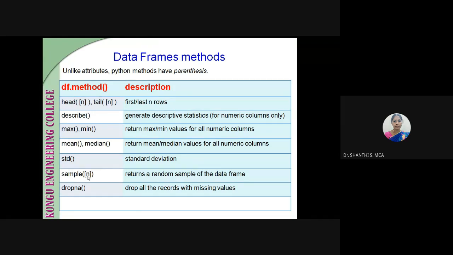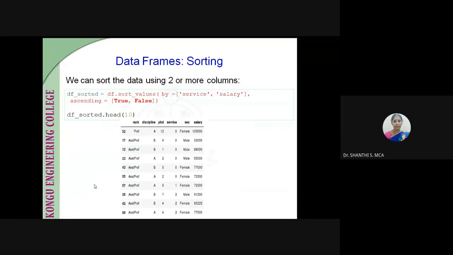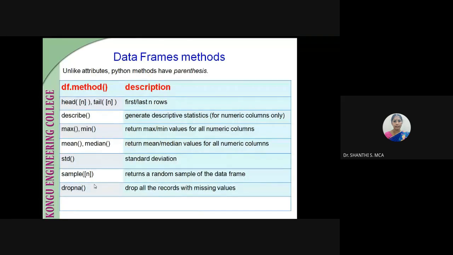For the sample, if you have a large number of records and want to display sample records, you can use sample(n). Sometimes real-time data will not be complete, so it will have some missing values. A record having a missing value will not be useful for your machine learning purpose.